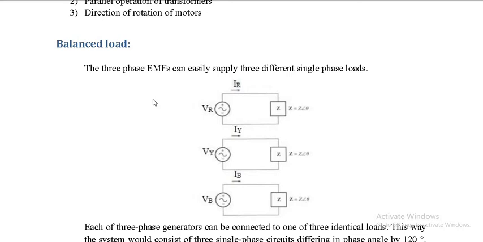Rn goes to, let us say, A building, Yn goes to B building, and Bn goes to the third building. In this case, it can happen that because of phase failure, one of the buildings is completely dark, and the two are healthy, and still the load is on. So in this case you cannot have a balance load, right?